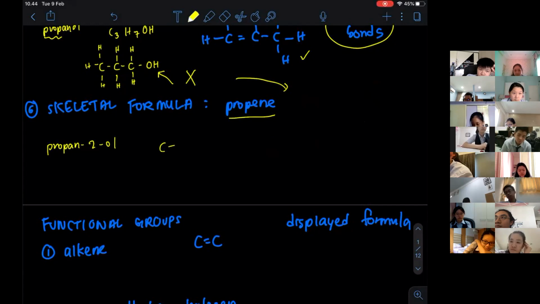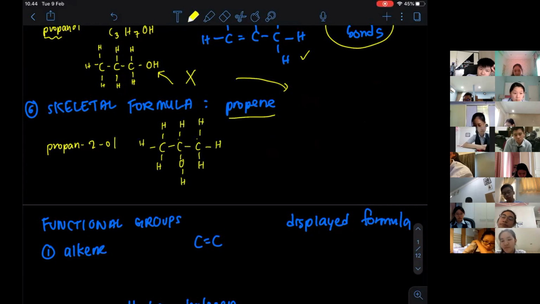So propan-2-ol, you have carbon number 1, carbon number 2, OH. So this is a displayed formula of propan-2-ol. Now if I want to represent this, I will show you one in structural formula, another one in skeletal formula.